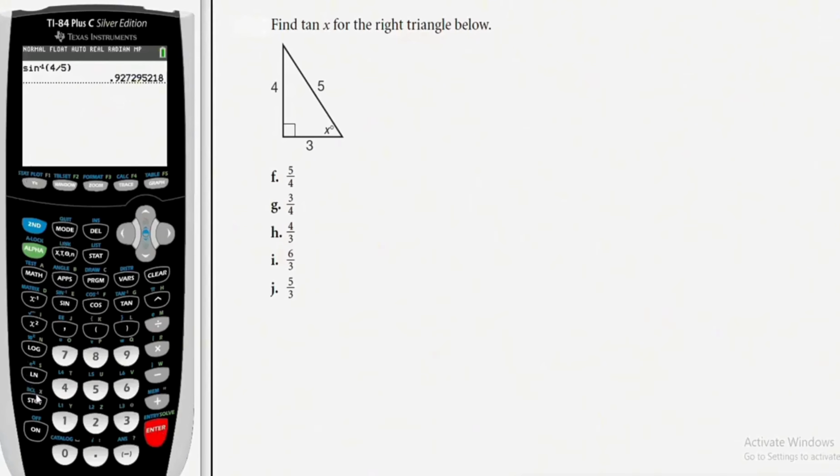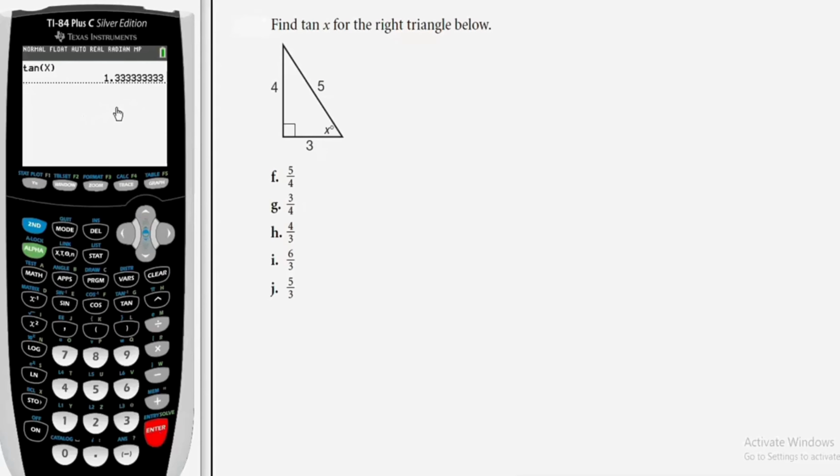You press the store button, this x button, press enter, and it will get stored. Alright, so let's use it to simplify tan x, where our x is this value we have stored already. So tan x will now be tan x, close the bracket, press enter.